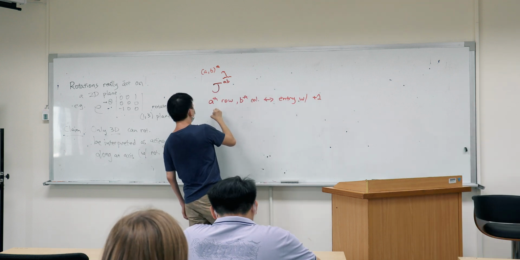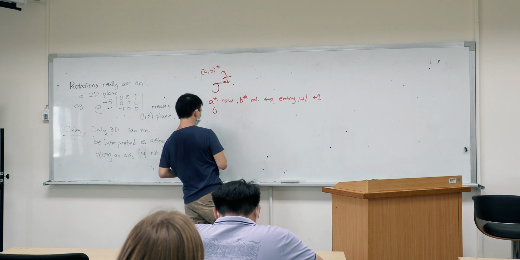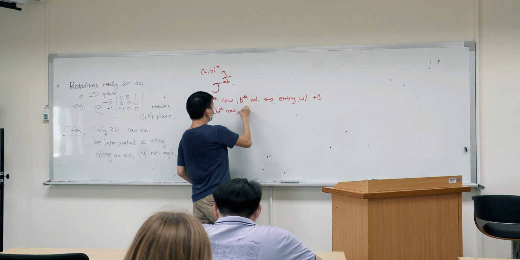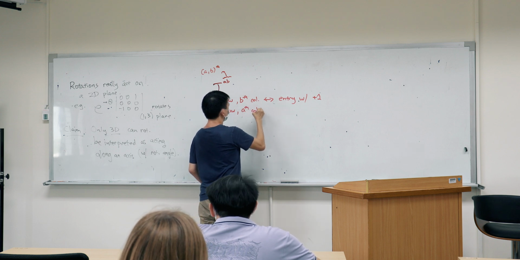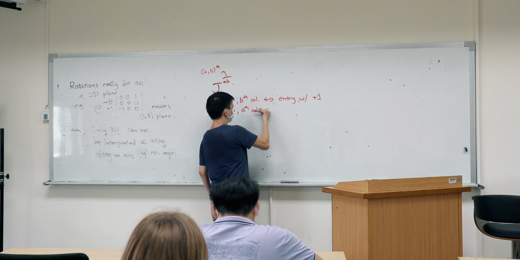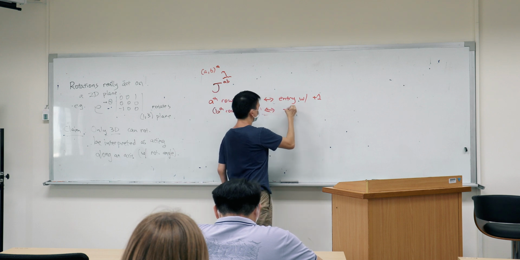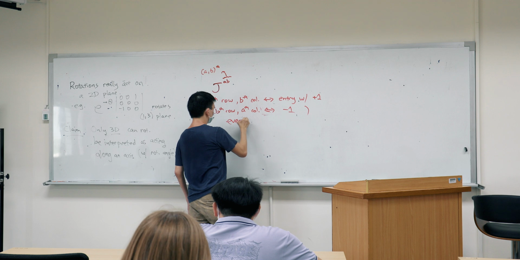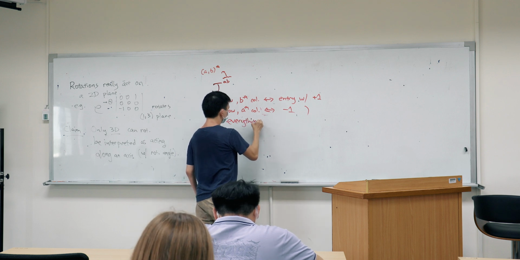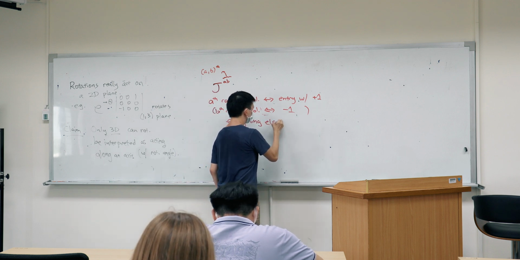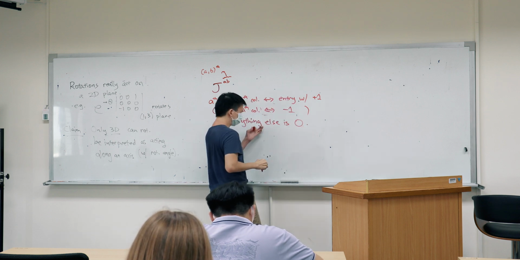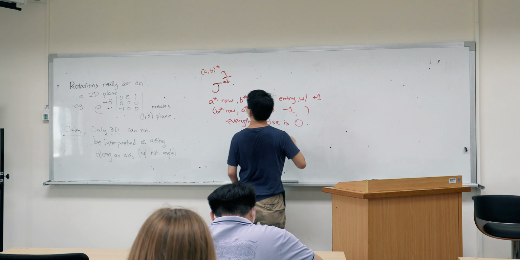And of course that means that the B-th row and the A-th column is the one with minus 1, and everything else is 0. By everything else, I mean every other entry is 0.